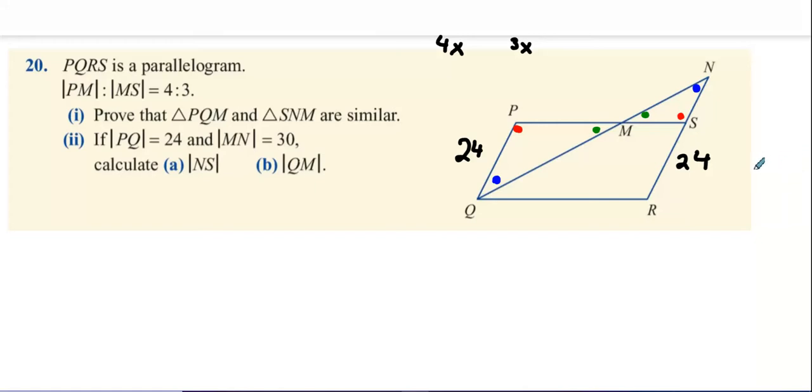Now, 24 for 24 there. What does it give me? MN, where's MN? M to N is... Oh God, I'm losing it. M to N is 30. Okay.